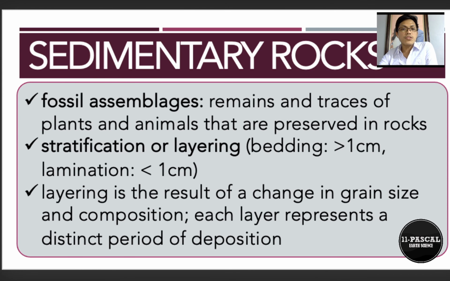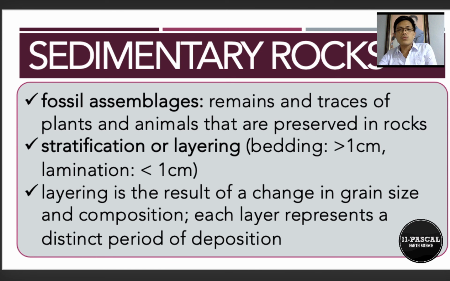For fossil assemblages, there are traces or remains of plants and animals that are preserved in rocks. In stratification, there is layering. Okay, so there is bedding or lamination. Layering is the result of a change in grain size and composition. So each layer represents a distinct period of deposition.